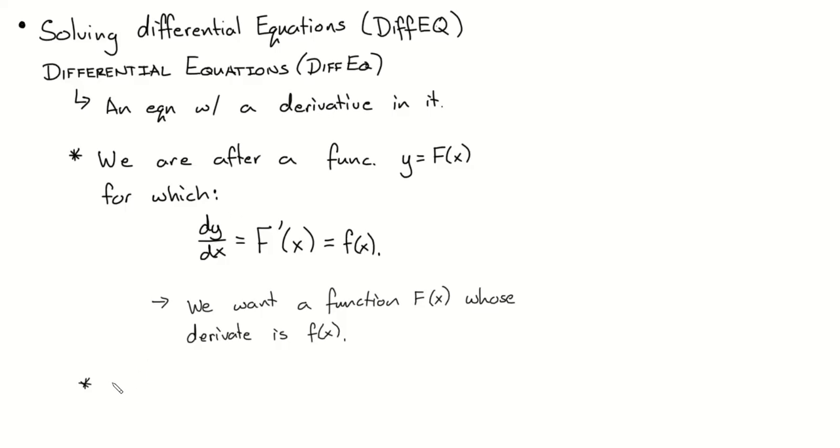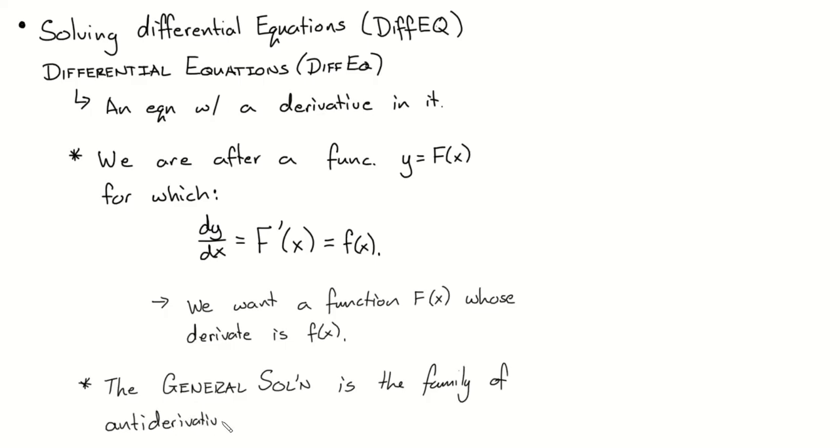So our goal in here is we're going to be looking for what is called the general solution, and we're going to sneak into vocab. The general solution, and remember SOL apostrophe N is my shorthand for solution, is the family of antiderivatives whose derivative is little f of x.